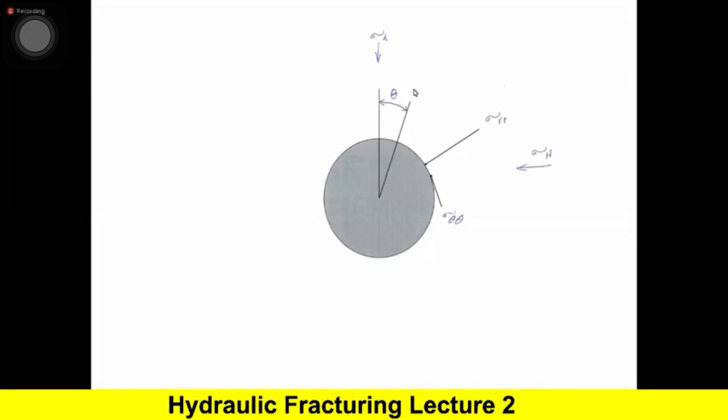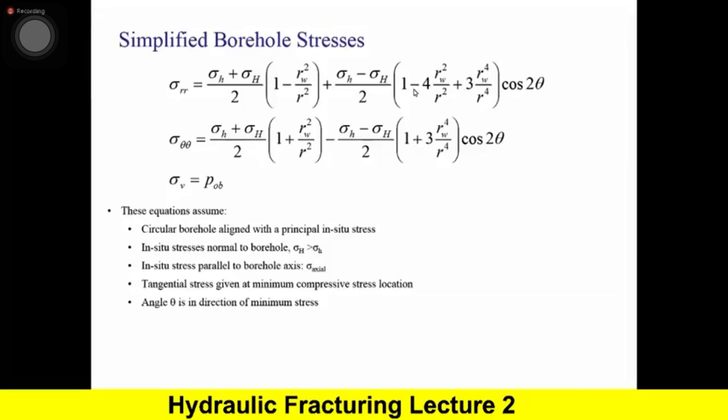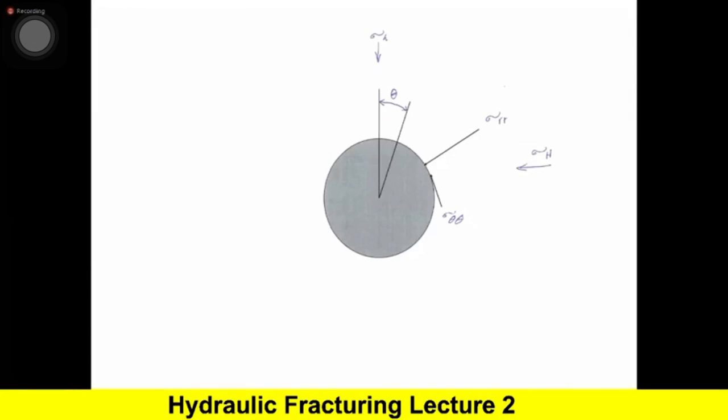So the stress at any point inside this reservoir is defined by these two equations. Sigma RR is whatever stress is going perpendicular, towards the center of the well bore. Sigma theta is the stress tangential to the well bore.